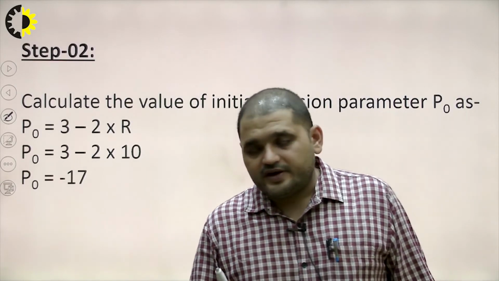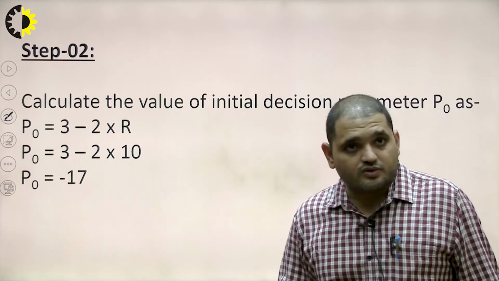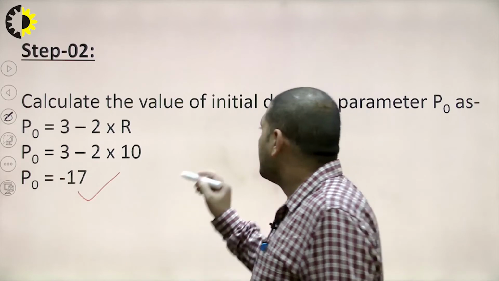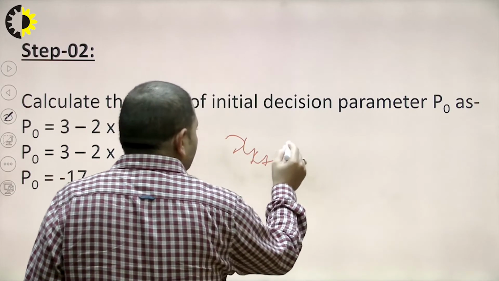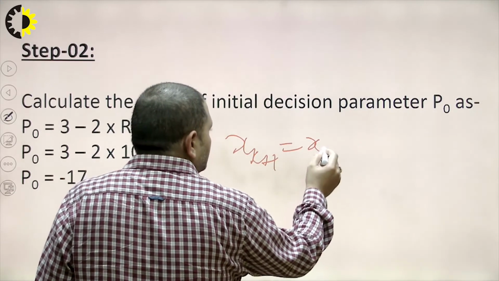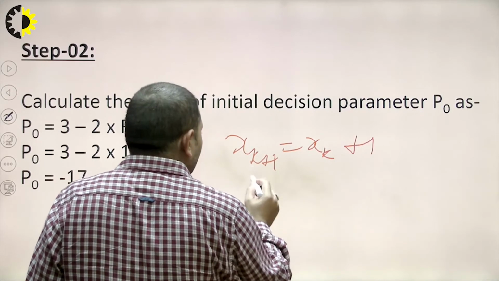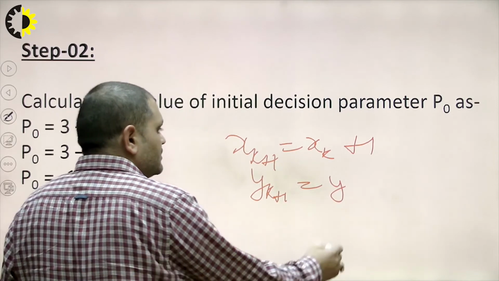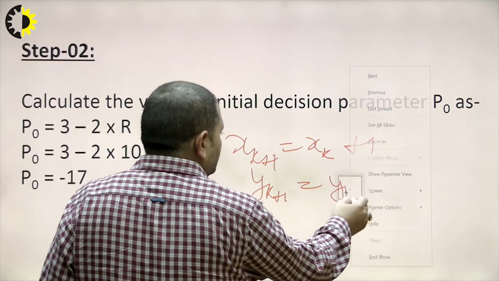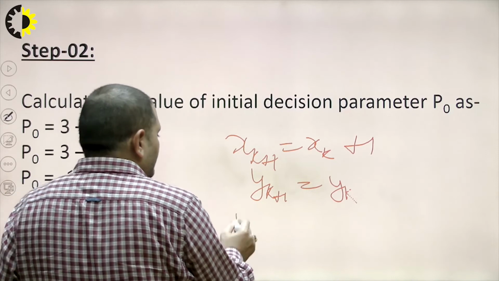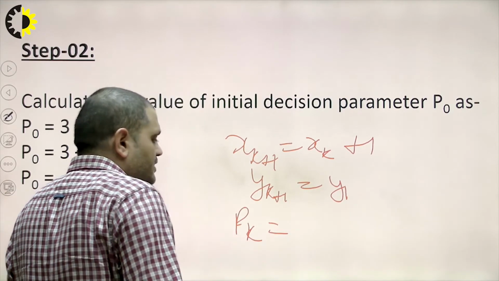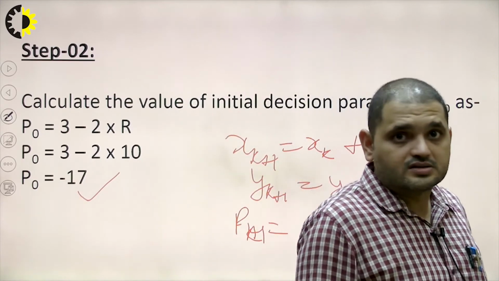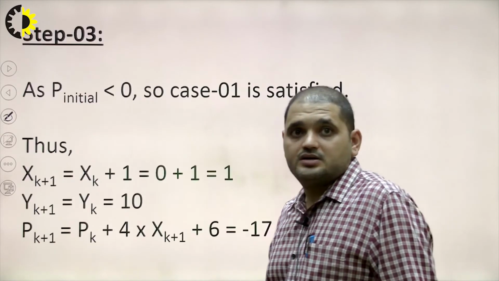Find out the value of p naught, that is 3 minus 2r, which comes out to be minus 17, which is less than 0. For less than 0, x_{k+1} is equal to x_k plus 1 and y will remain the same. We can find out the value of the next decision parameter, p_{k+1}, which is equal to p_k plus 4x_{k+1} plus 6.